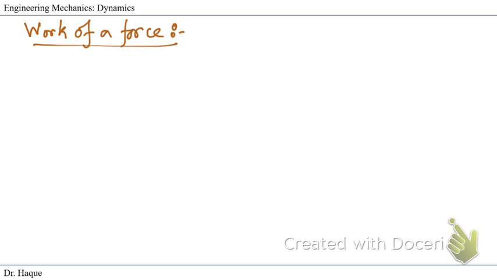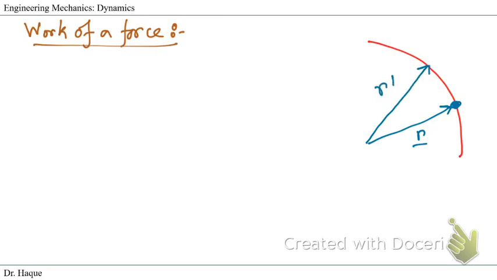So let's see an example. If this is a path of a particle and we have the particle here, its position vector was r, and then after movement it is r prime. So the distance traveled is dr. These are all vectors. This dr, its magnitude is ds.